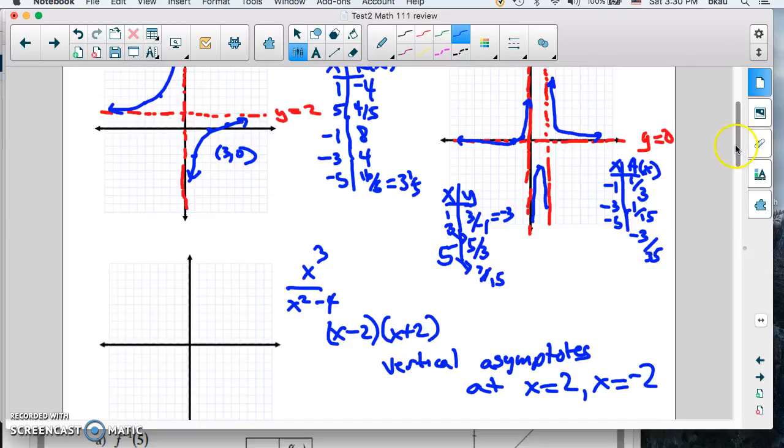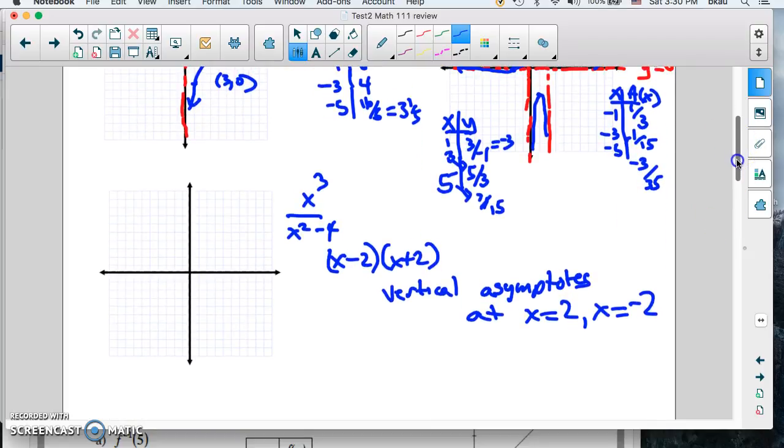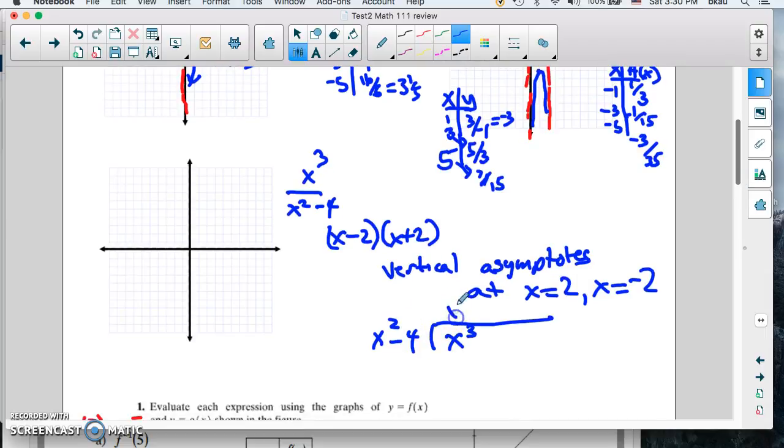All right, then since this power is 1 more than that, we're going to divide. Do our long division on this to find our oblique asymptote. It's going to go in x times, so that's x squared minus 4x, and our x cubed minus 4x. We're going to subtract.